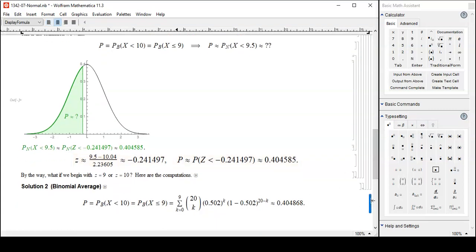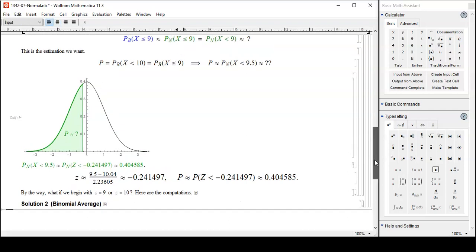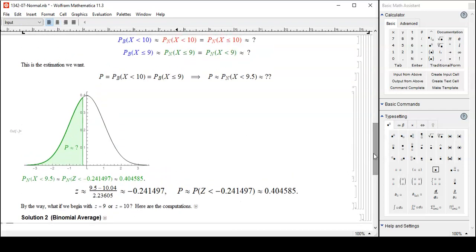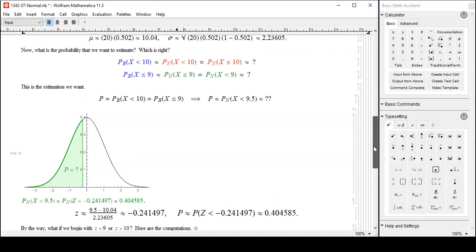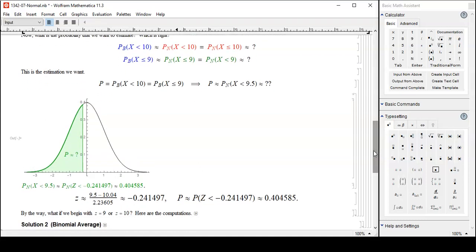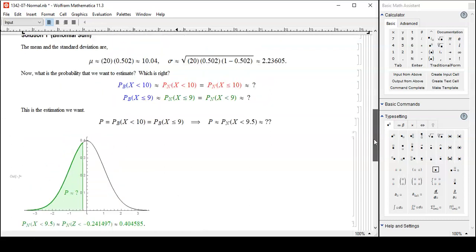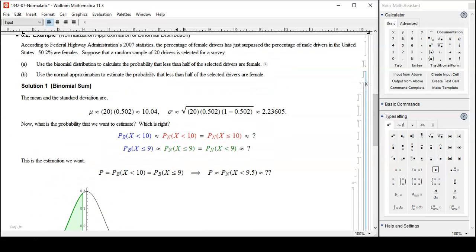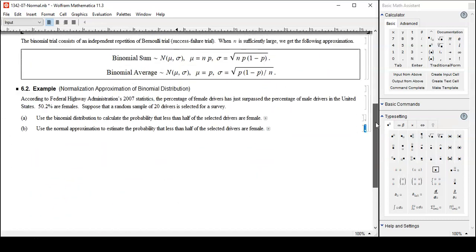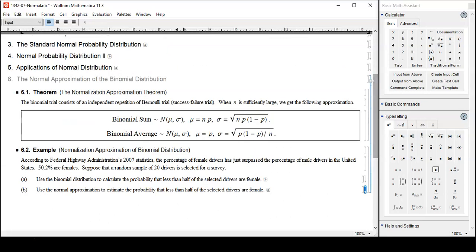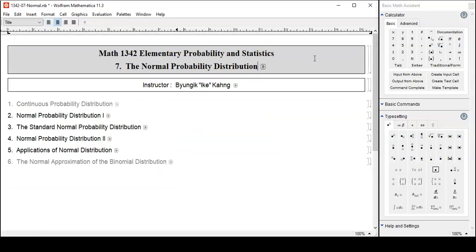You see, if you use the binomial sum with this 0.5 business, then you can make it right. Even with n equal to 20, you can still get a good approximation. That's how the normal approximation works for binomial sums. For binomial averages, you don't do it this sophisticated way, so it's easier, but the trade-off is it's not always very good.